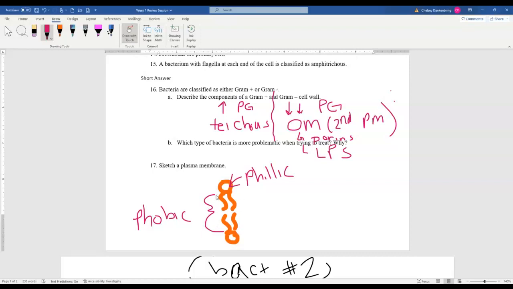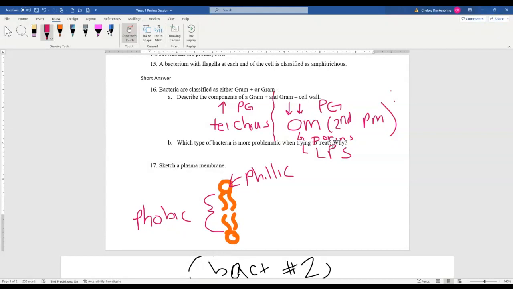And so because this area is not compatible with most things, it lets the plasma membrane be a barrier, preventing molecules from crossing without their permission. So think of the plasma membrane as like the gatekeepers. They're regulating what gets into and out of the cell, because that region of the plasma membrane is incompatible with most molecules.